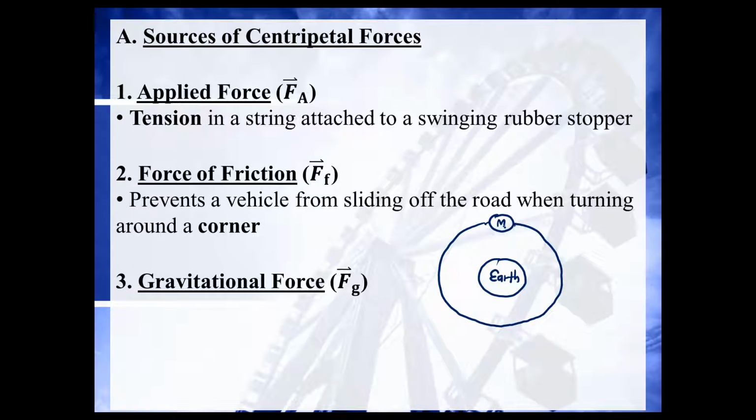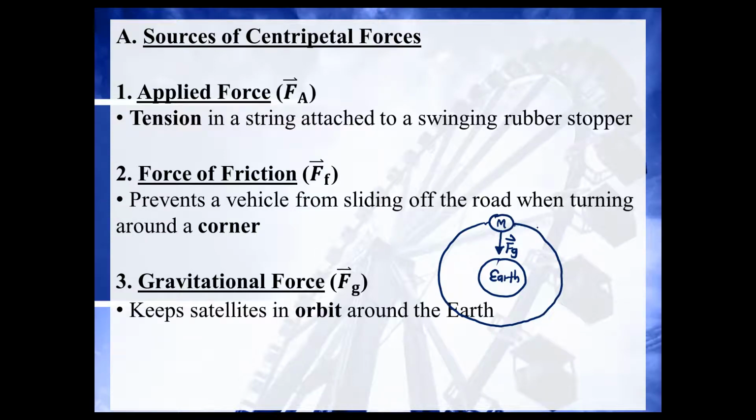And we would need the force of gravity acting on the moon, directed towards the center of the Earth, in order for the moon to continue to move in a circle. So in this case, the gravitational force keeps satellites in orbit around the Earth, and satellites can include the moon.